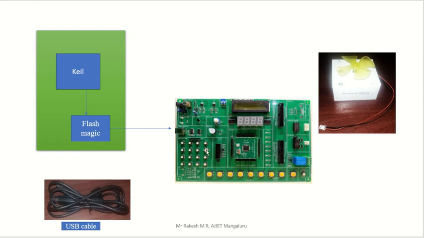Then here we have the hexa keypad, and here we have the buzzer. Then we have the power adapter port, the USB port is here, and these are the interrupt switches, and some of the memory ICs are here. The crystal oscillator is here.